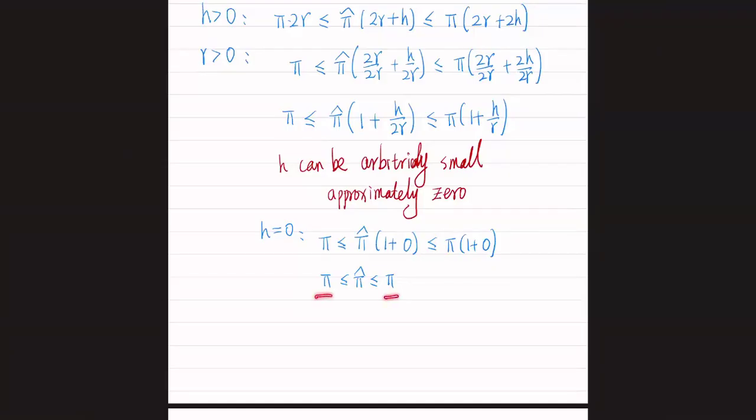This is true only when the two numbers are the same. Okay, so a little bit exhausting.